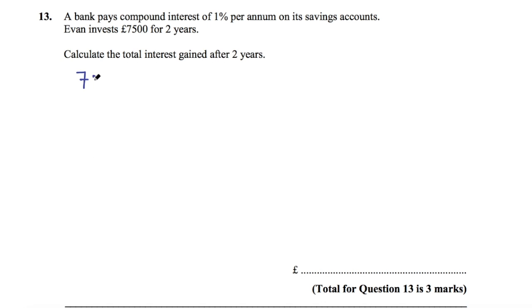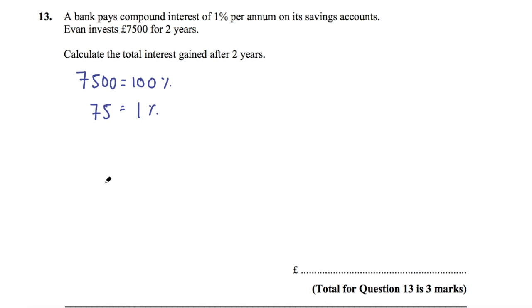So if 7,500 is 100%, then we can divide that by 100 to get 1%. So 7,500 divided by 100, that's going to be 75. So 75 is 1% of 7,500.